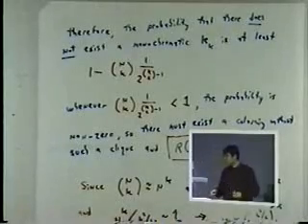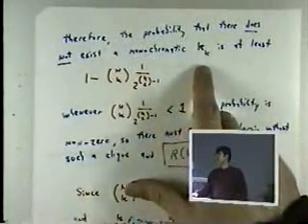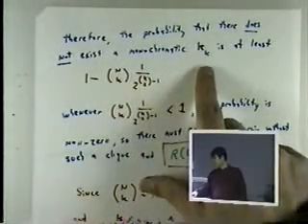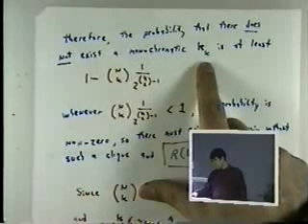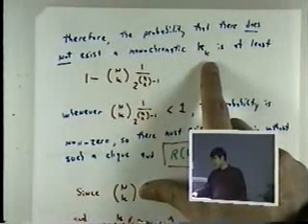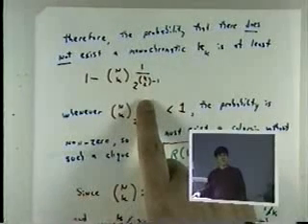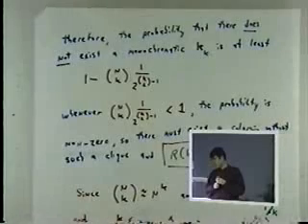So I claim what I've just proven is that if we randomly color the graph, the probability that there does not exist a monochromatic K subset is at least this. Any questions?